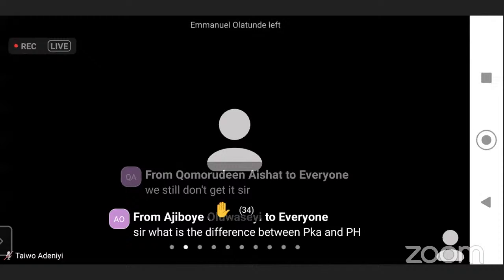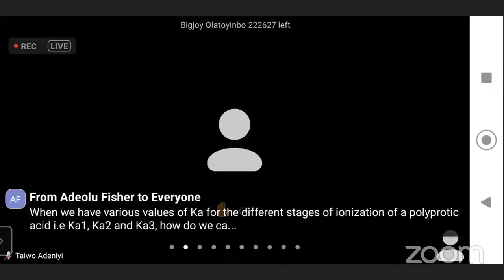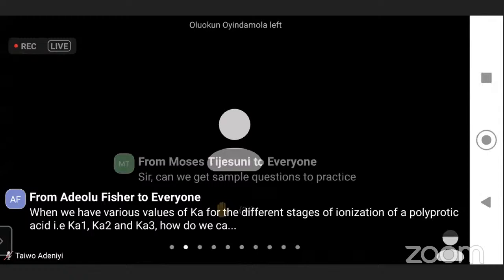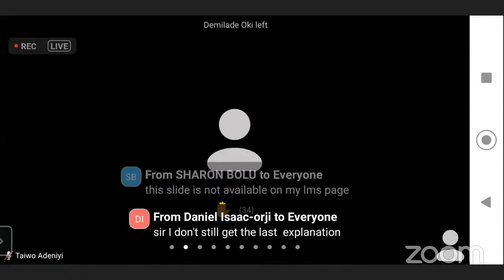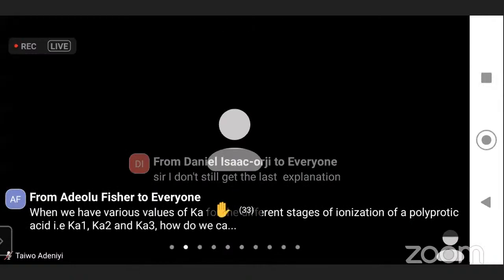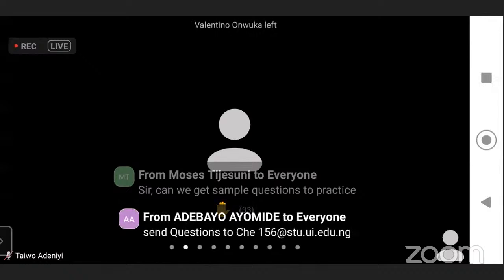Someone is asking what's the difference between pH and pKa. pKa relates directly to the acid dissociation constant, and we use it basically for a weak electrolyte, let's say a weak acid. pH relates to the concentration of the hydrogen ions. How well does the hydrogen ion dissociate? Then you think about the Ka or the pKa.